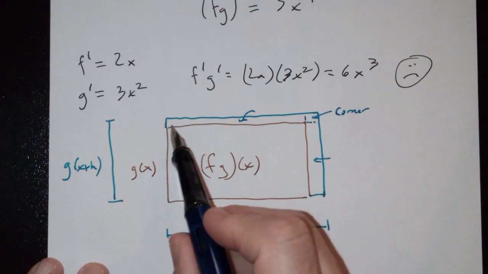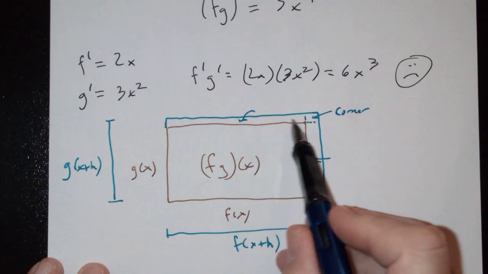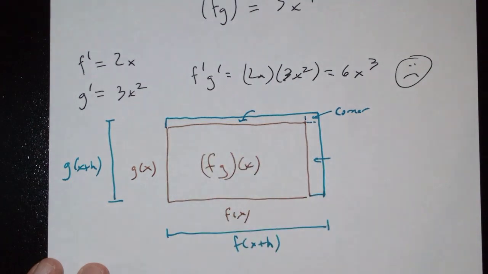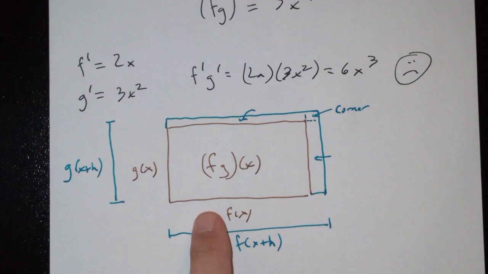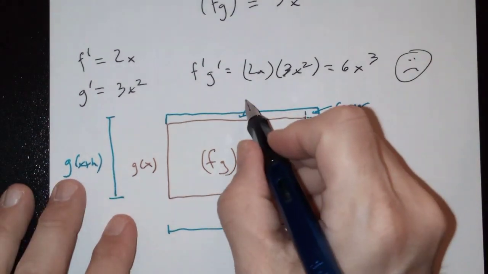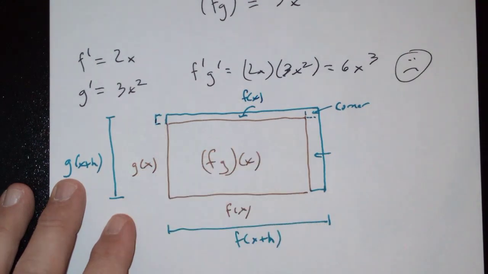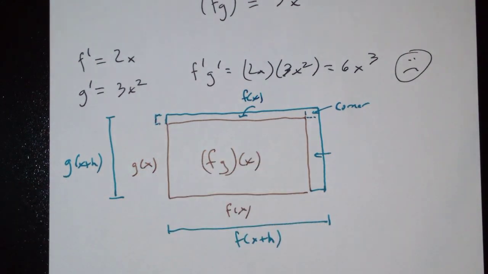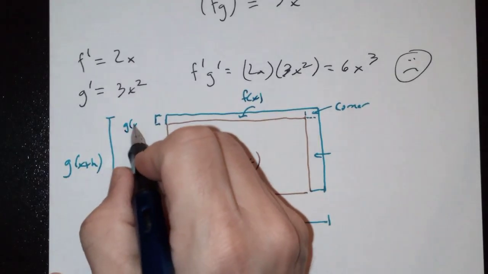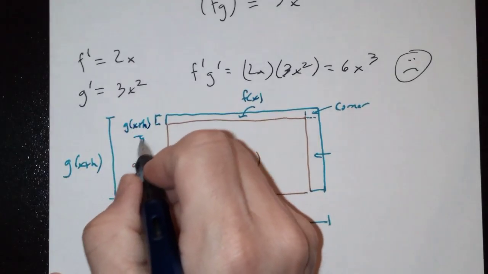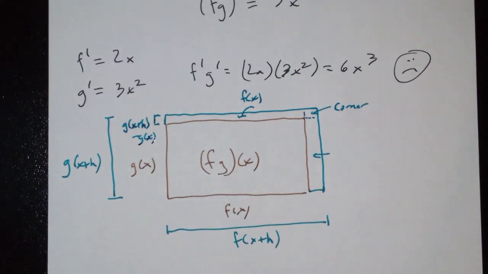What is the length of this top rectangle? Which is the same as down here, right? But its width is really small, right? Its width is the difference between g of x plus h and g of x. Yes?